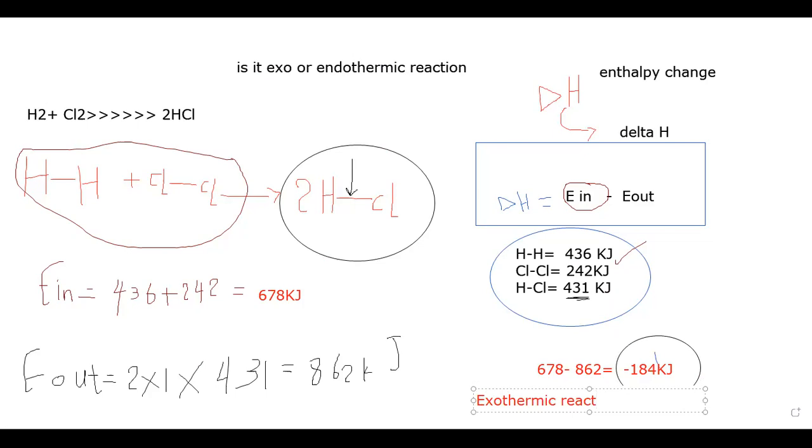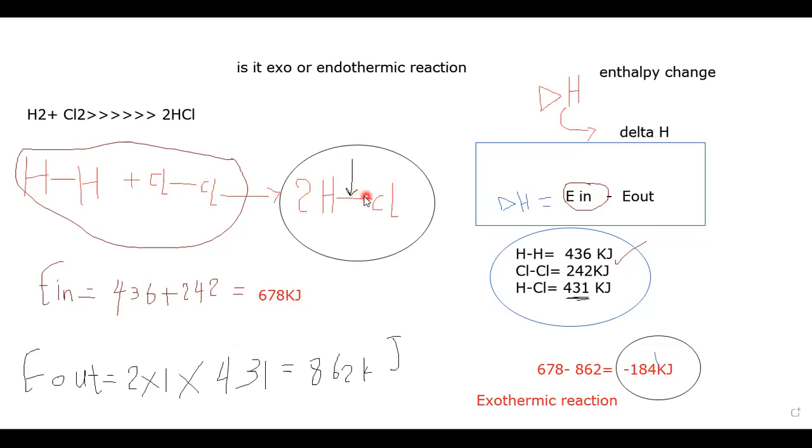Ashraf, your question? In the energy out, I didn't understand why we did 2 times 1. Okay, 2 here because I have 2 at the beginning, because it's already in the question.